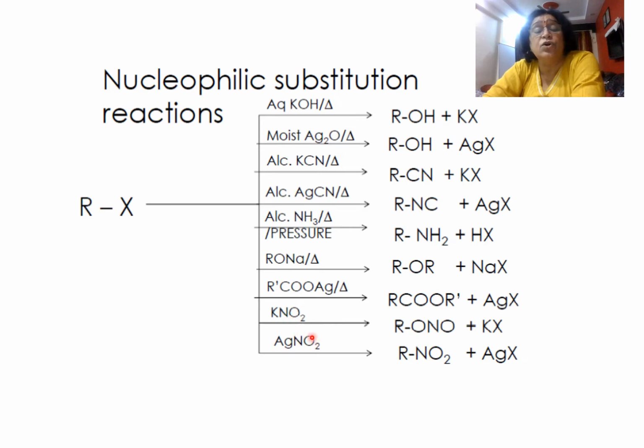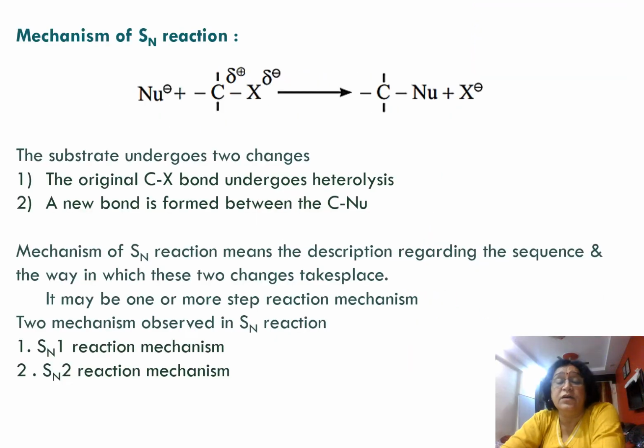So this NO2 is an ambident nucleophile and CN is also an ambident nucleophile. So I hope all the nucleophilic substitution reactions in our syllabus are summarized here and are clear. Okay.